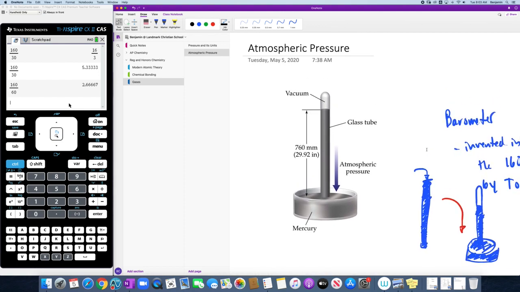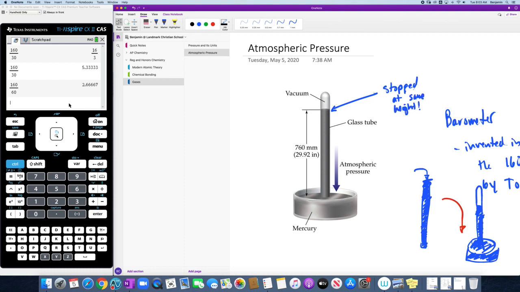What Torricelli discovered is if he used mercury, some of it does drain out, but it stops at a very specific spot every time. Every time that he would try this, it would stop at the same height.